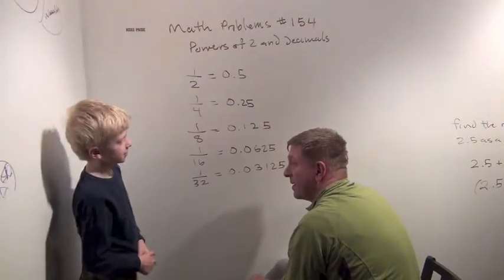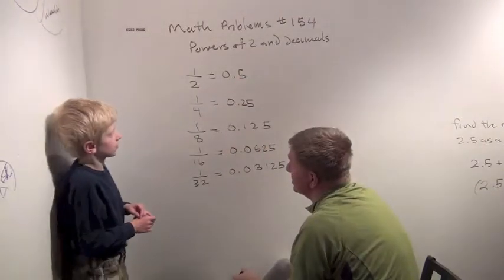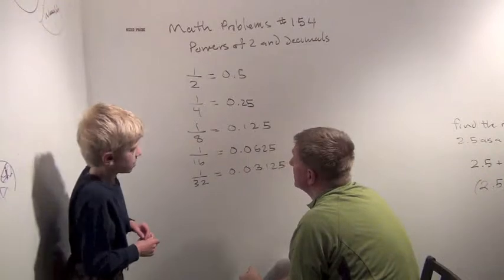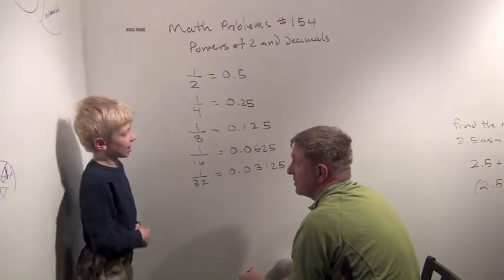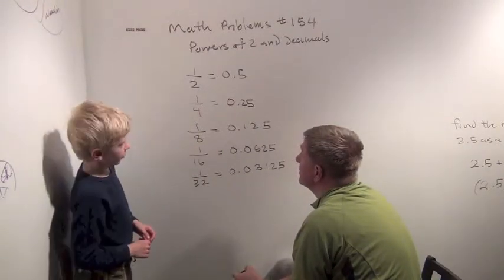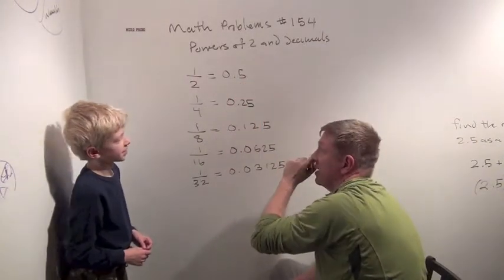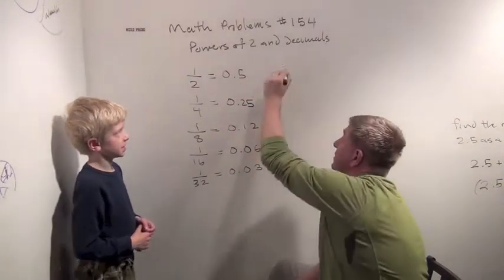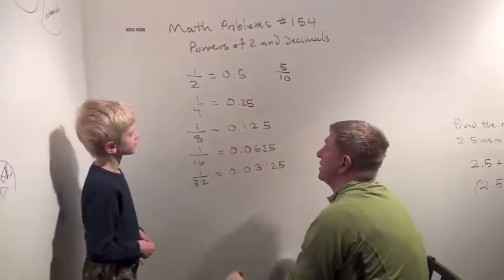Well, what is 0.5 as a fraction? It would equal 1/2. What else is it as a fraction? 2/4 and 4/8. But how about in terms of tenths? 5/10. What is 0.25 as a fraction?